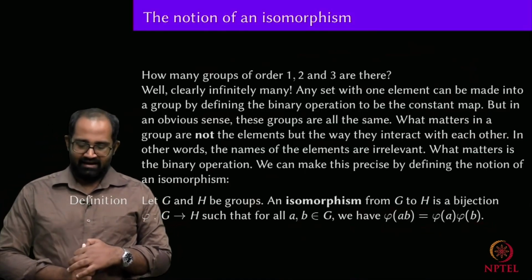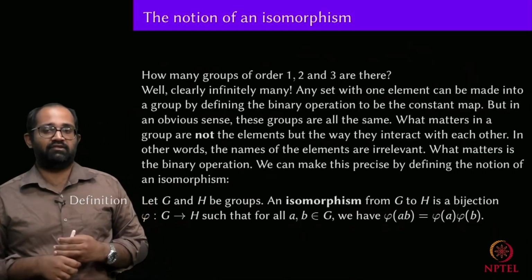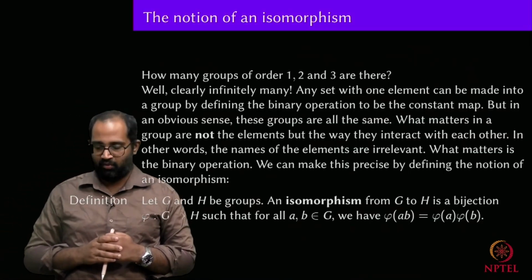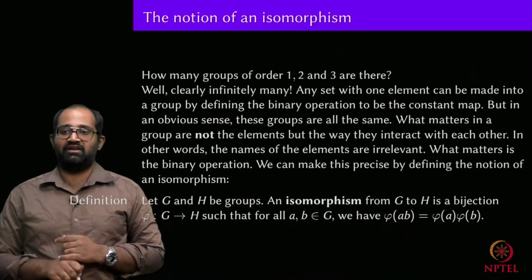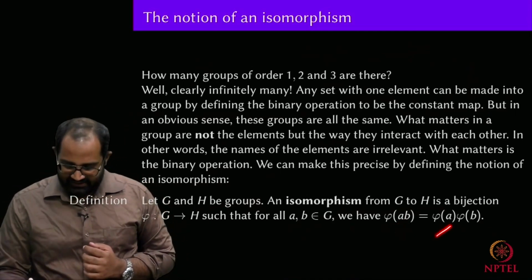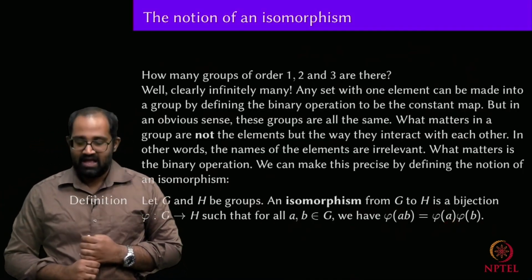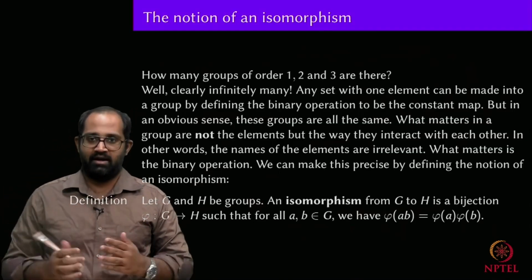So, what I want to clarify is, notice that we have adopted this notation where we suppress the binary operation as much as possible. On the left, the binary operation is actually the binary operation in G, whereas on the right, the binary operation is the binary operation in H. Again, these have to be inferred from context.